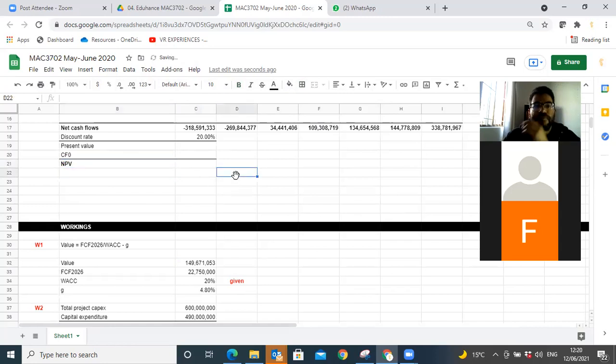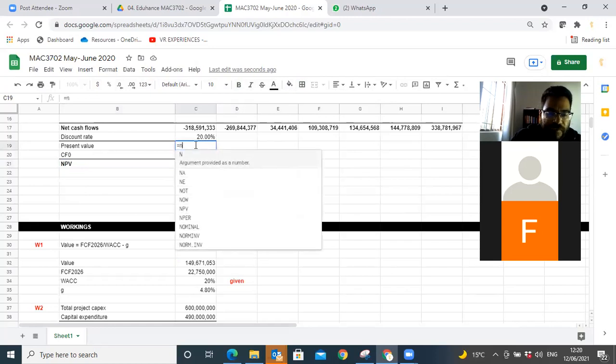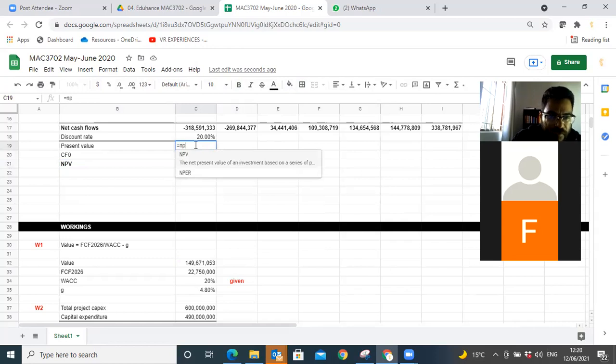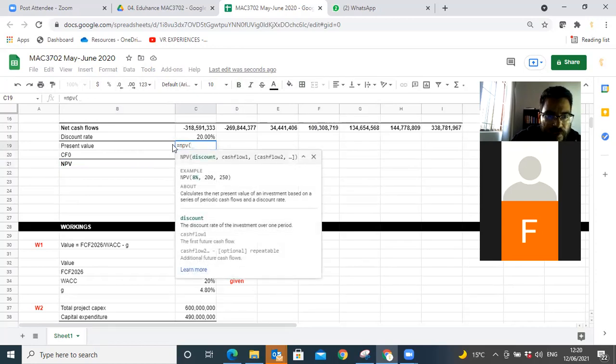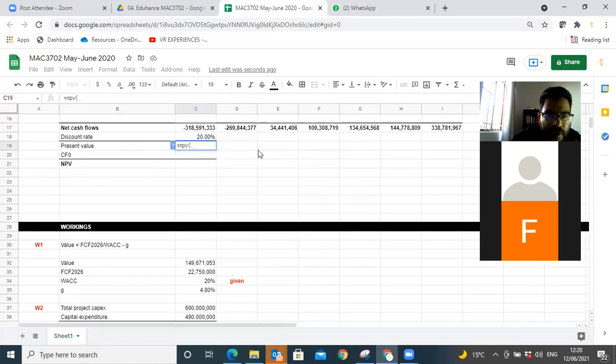Okay, so I'm going to show you how I'm going to do my calculation. I'm going to get my present value, so I'm going to use the NPV calculation. They want the discount rate first, and then, Excel and Google Sheets don't take into account cash flow 0.